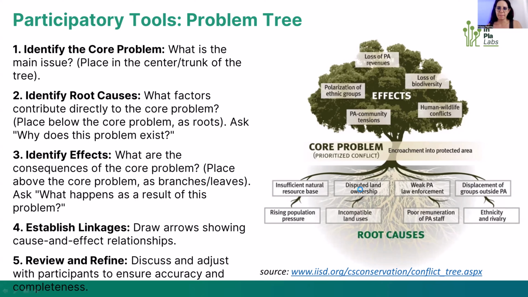In the final stage, we can connect the roots with the effects with different arrows. In this way, we can understand the cause-effect dynamics among our case study features and move to the next step in a more problem-solving exercise.